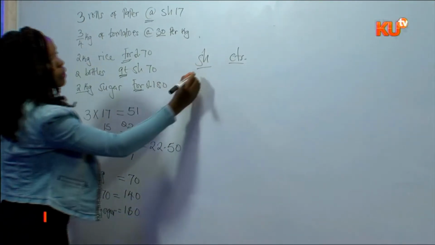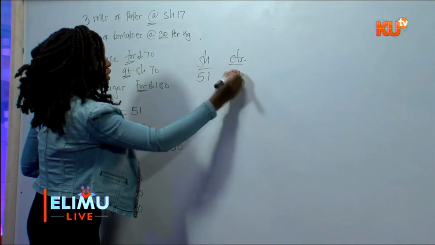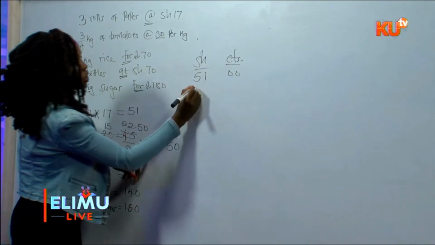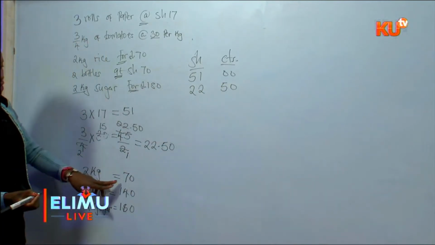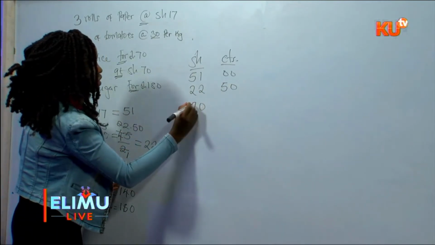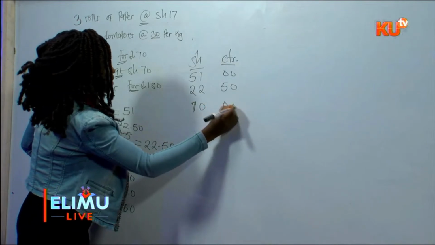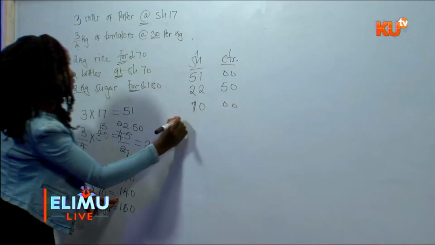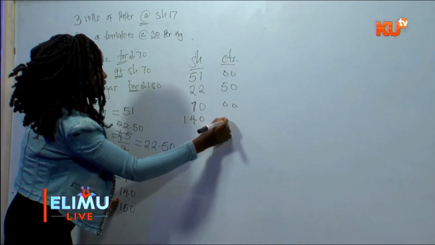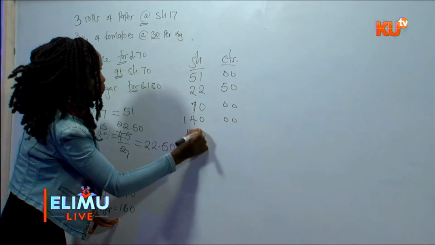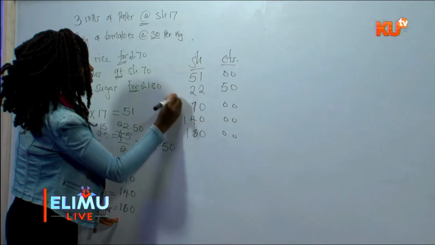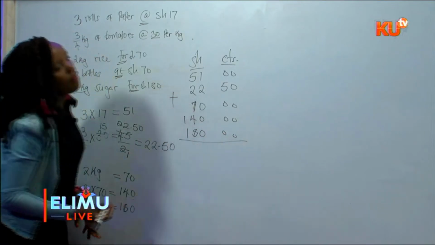So this is 51 shillings, 0 cents, plus 22 shillings and 50 cents. Then we add to 70 shillings, 0 cents, plus 140 shillings and 0 cents, and then 180 shillings. So we are getting the total.